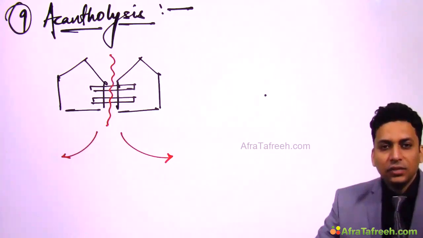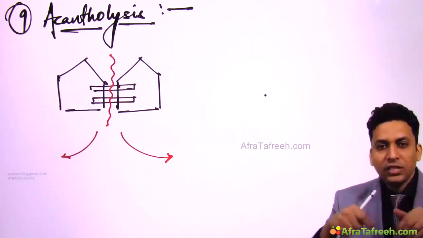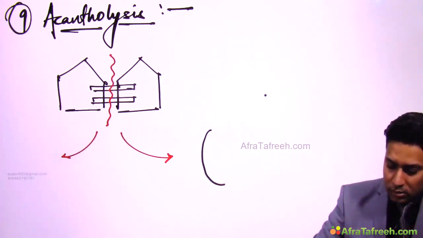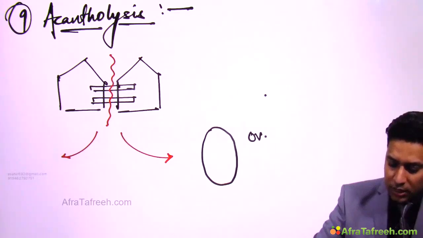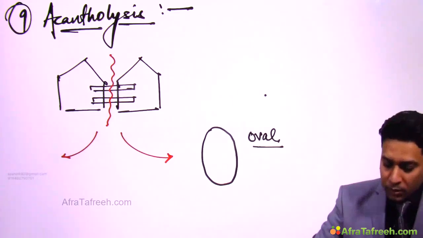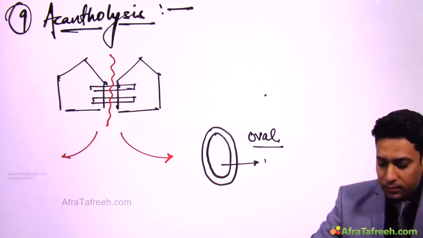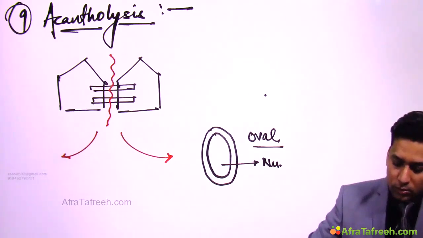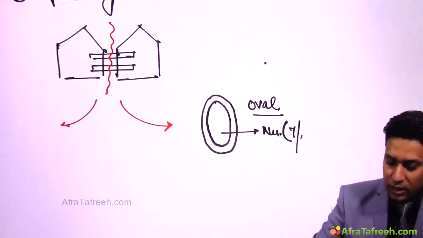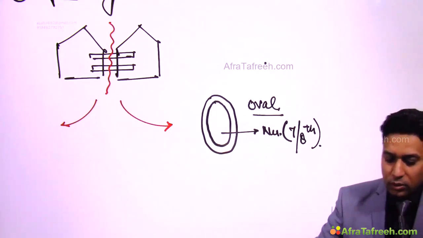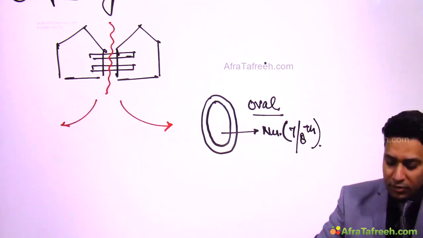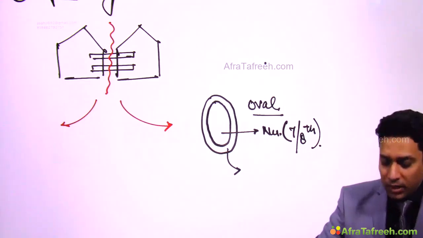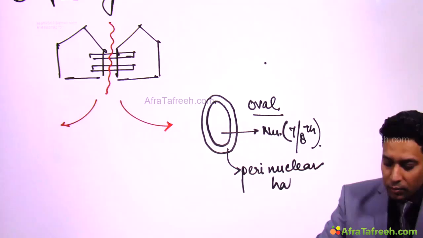Now when acantholysis occurs, what happens when these keratinocytes separate from all the sides? It acquires an oval shape. It appears something like this, oval in shape. Most of the portion of this cell is occupied by the nucleus, almost 7/8 portion. And the cytoplasm is lying condensed at the periphery, giving a perinuclear halo.